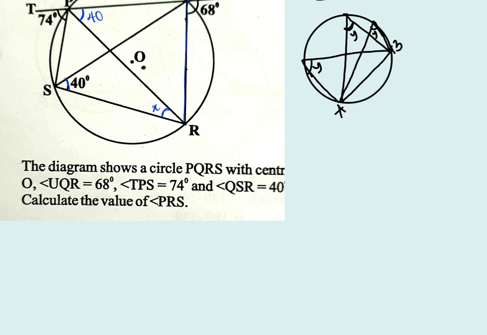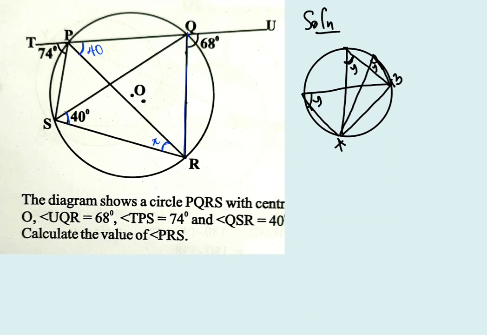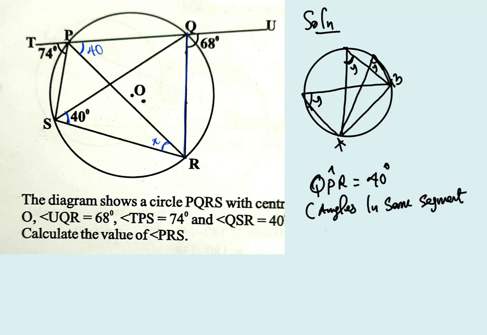Hence, we can now say that angle QPR is equal to 40 degrees. And the reason is angles in same segments are equal. So we've gotten that. We are through with that.